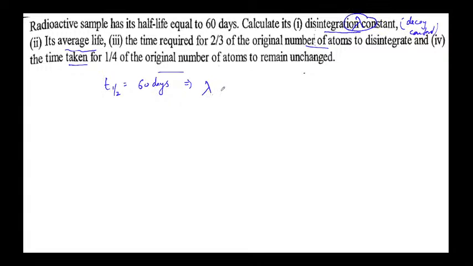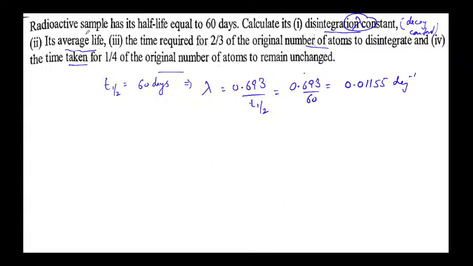The disintegration constant will be equal to 0.693 over T half. Putting these values, you can find it is 0.01155 day inverse. So this will be the decay constant.